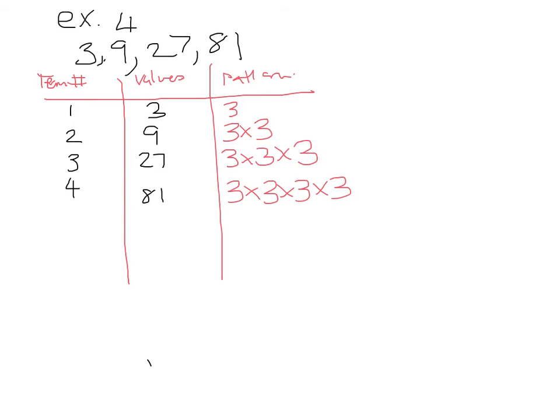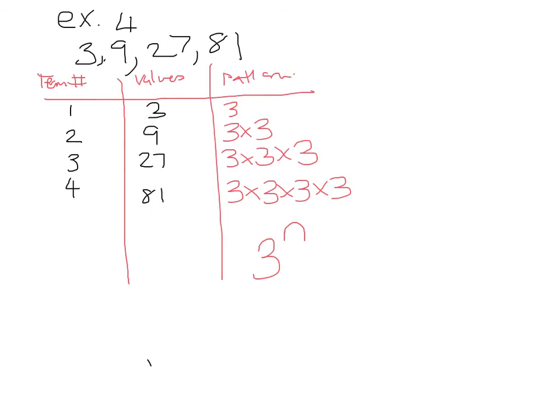Do you remember exponents and putting a number to an exponent? When you put a number to an exponent, you're multiplying it by itself. So in this case, we'd have 3 to the exponent of the nth term. So whatever my nth term is, when I apply it as the exponent, I'm going to get the value that I'm looking for. So I'm going to go ahead and try to make sure that this actually works.